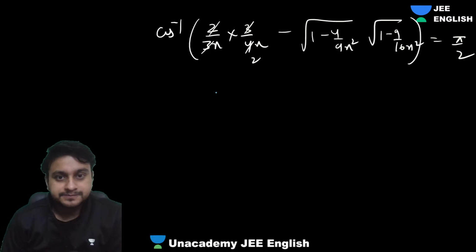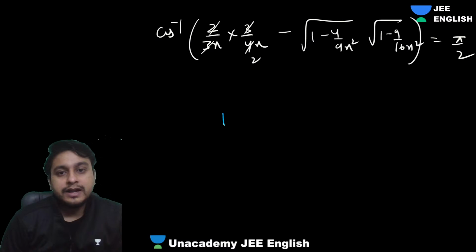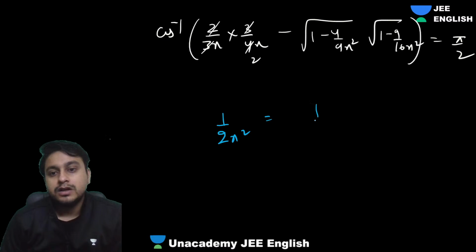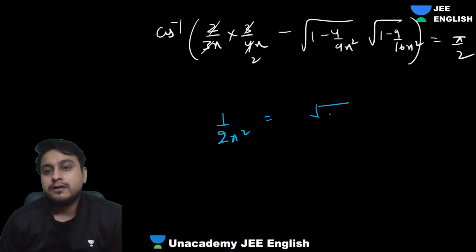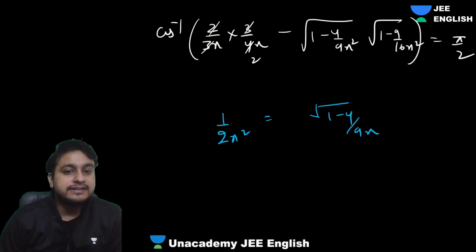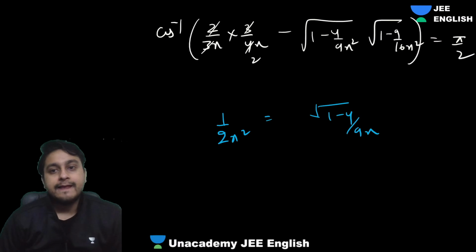So what are we getting from here? We are getting that 1 by 2x square is equal to root of 1 minus 4 by 9x square into root of 1 minus 9 by 16x square. Okay, can we square this up, guys? Is that a possibility? Can we square it?